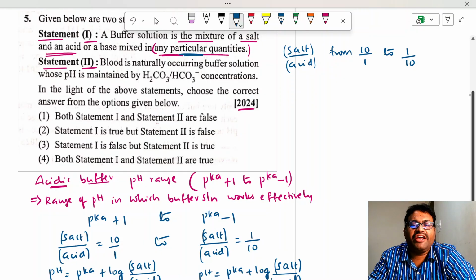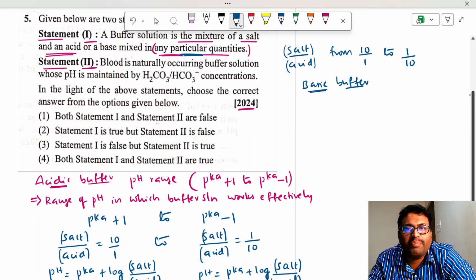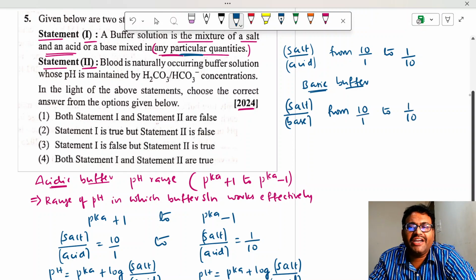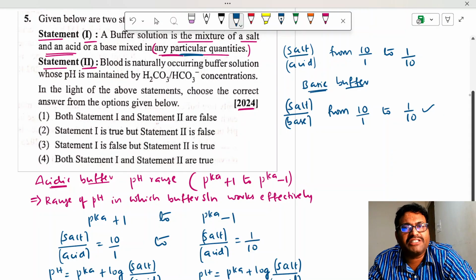In the same way, a basic buffer solution can act as a proper basic buffer solution if the salt to base concentration ratio is from 10 to 10 minus 1.